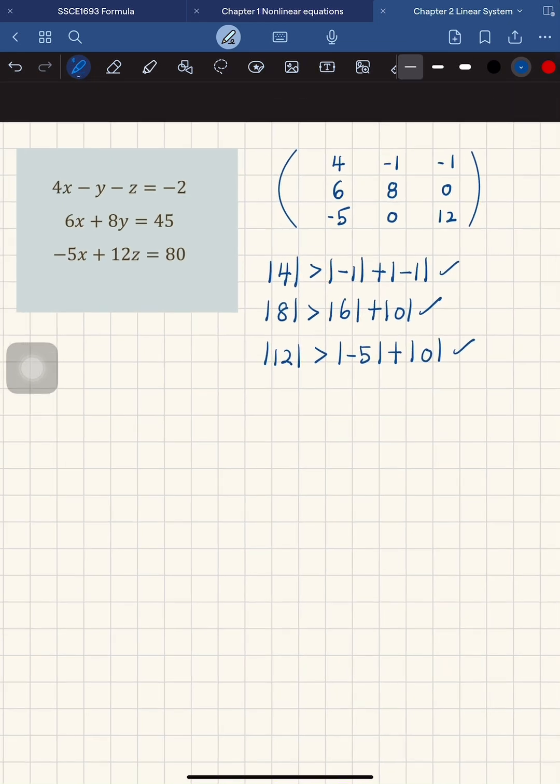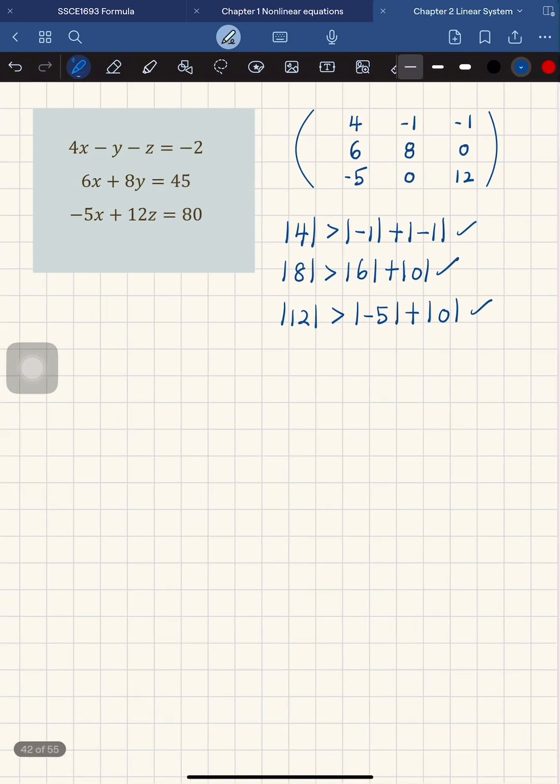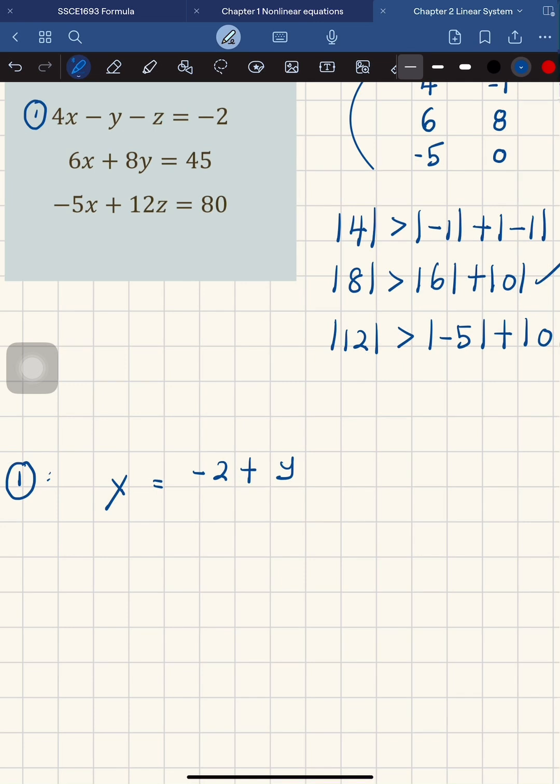Now from the first equation, we have to make x the subject. So we have x equal to -2 plus y plus z over 4.